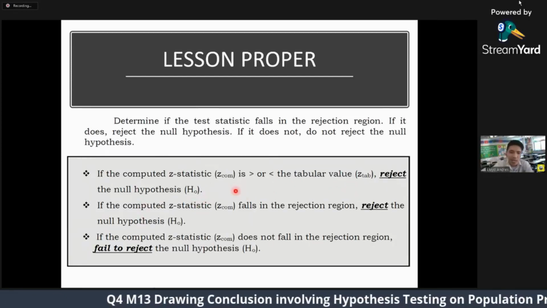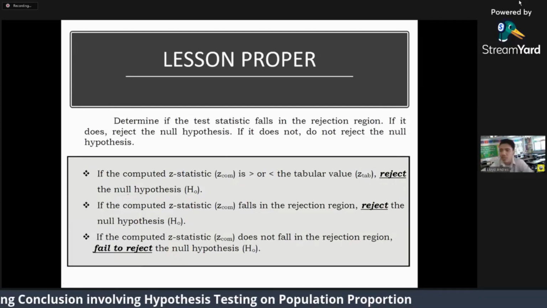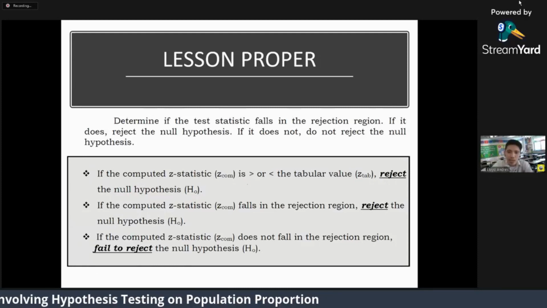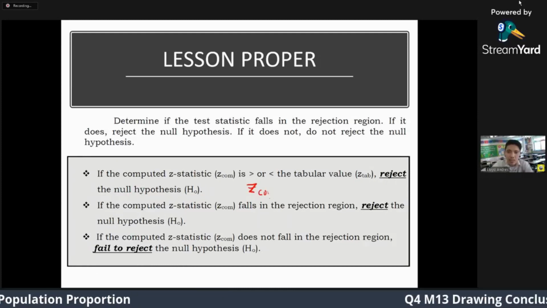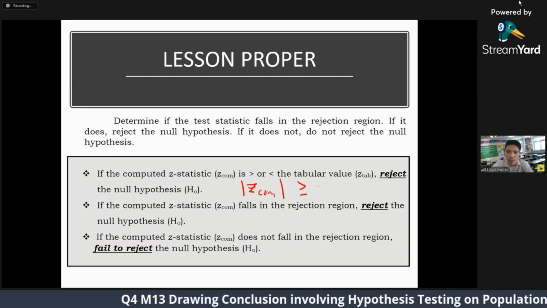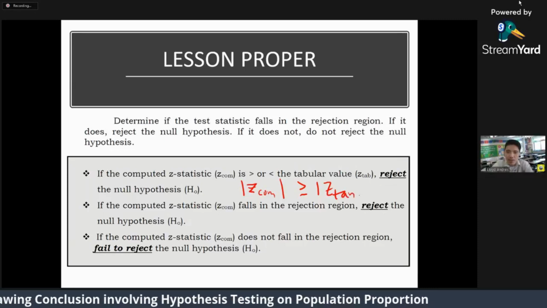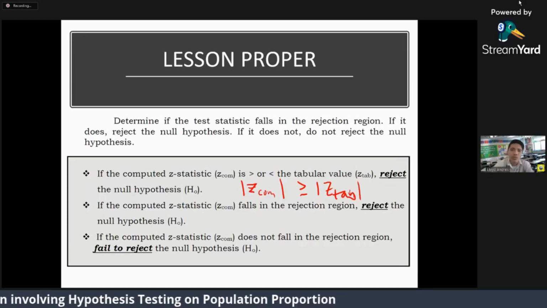Basically, ang same gihapon katong sa atong hypothesis testing. Example, kato gani ang Z computed, ang absolute value niya is greater than or equal to the Z tab or katong critical value, diha ka mag-reject.